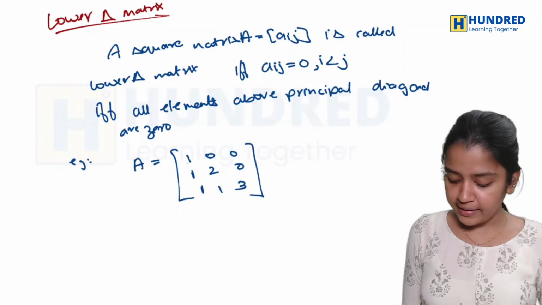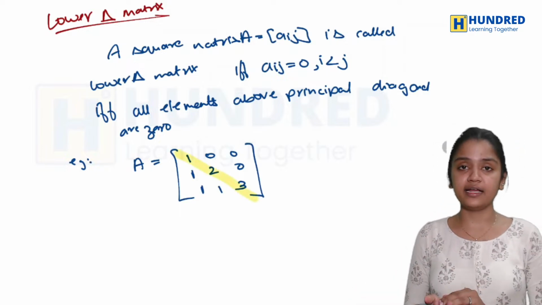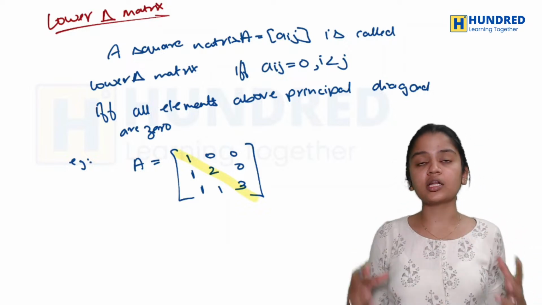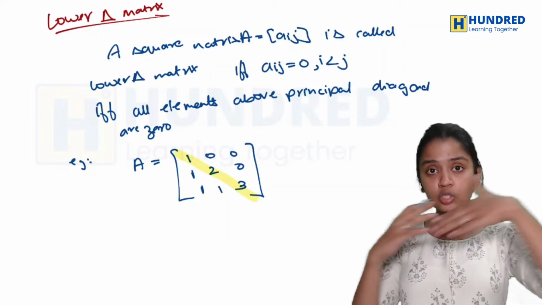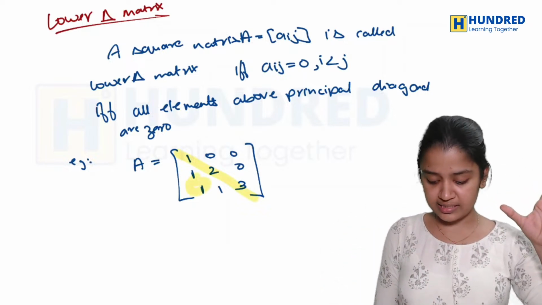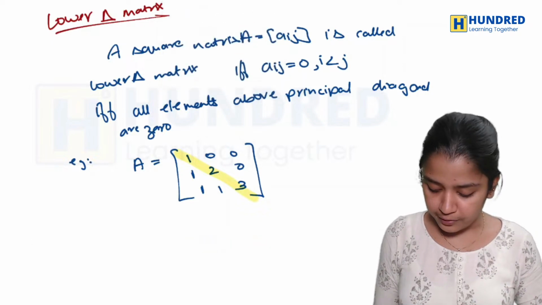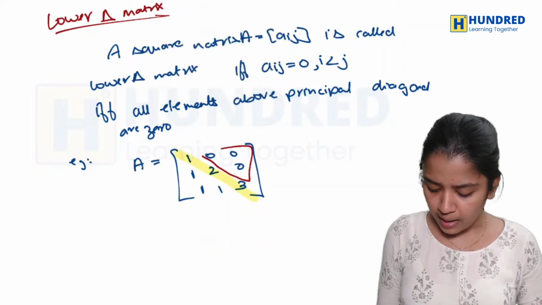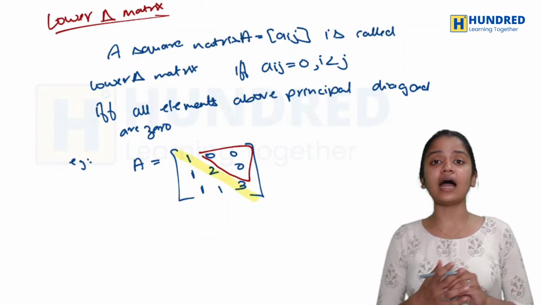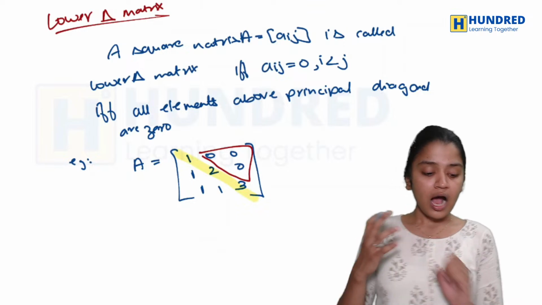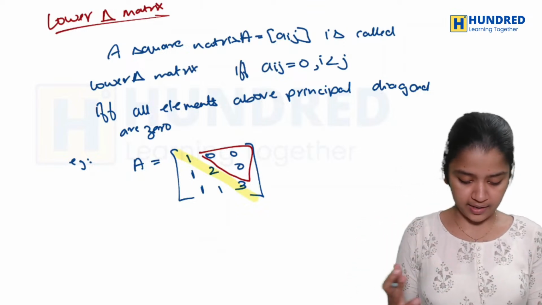This is your main diagonal. Lower triangular matrix means only the part below the main diagonal is filled, and the part above shouldn't be filled. So all the elements above the principal diagonal are 0.